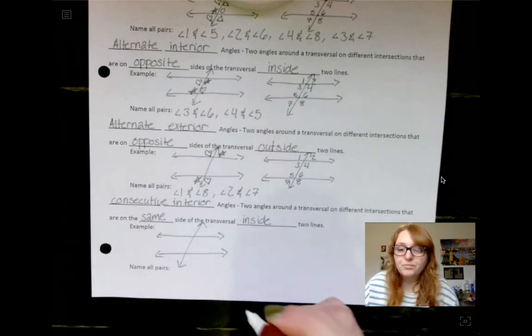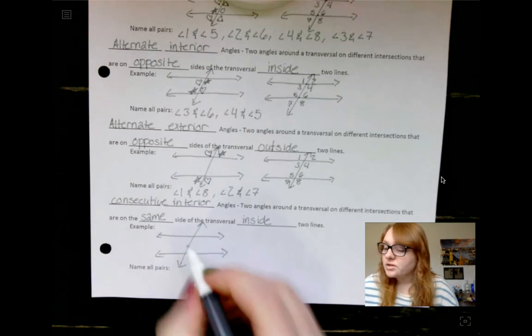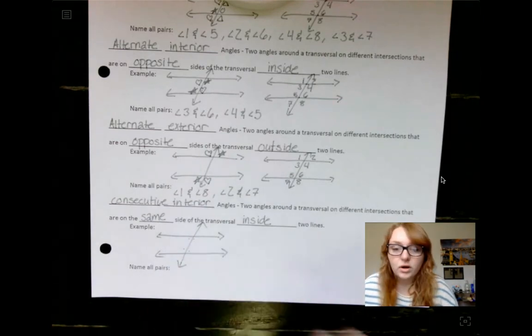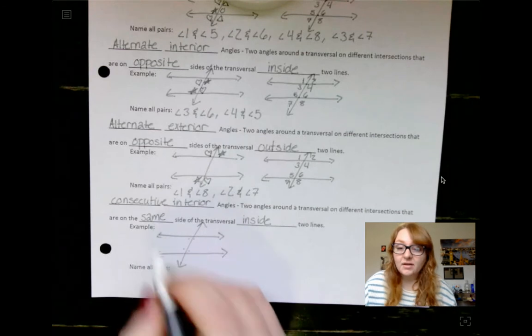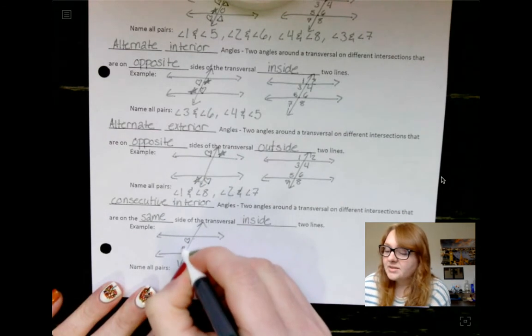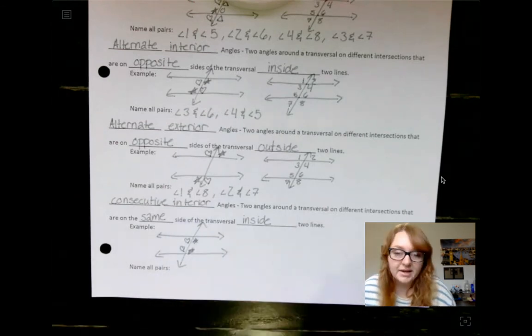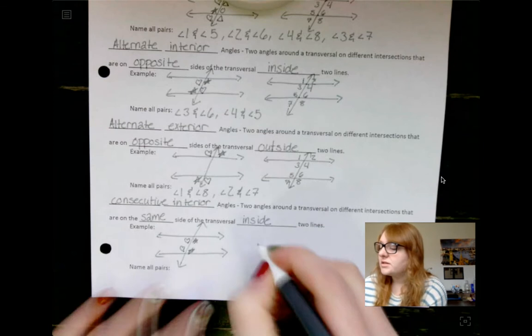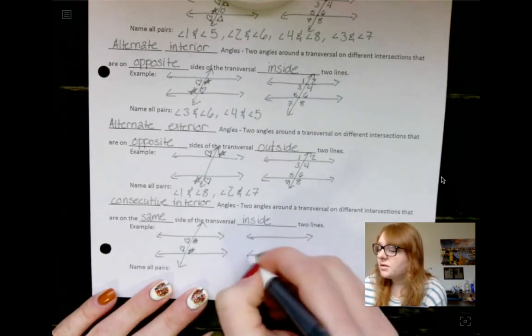Okay, so we want to look inside the parallel lines. Okay, so we're only going to be looking at these 4 again. But this time they are on the same side of the transversal. Okay, so we could do left side and left side, and right side and right side. Okay, so let's draw this again with numbers so that we can name these.